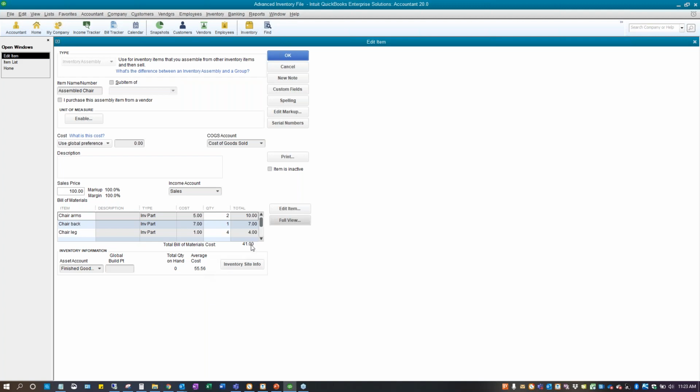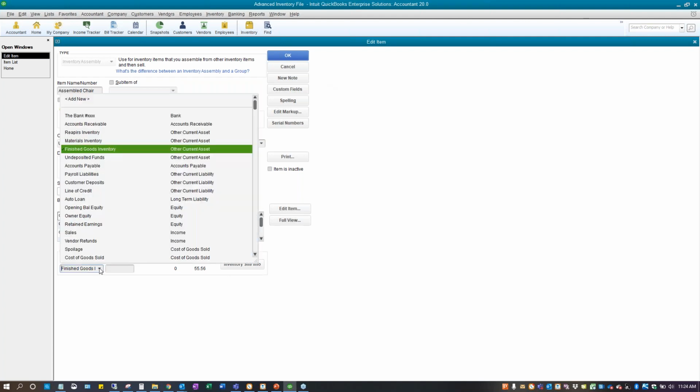This was my soft planning cost of 41, but as time went on, some of my components have increased in cost. So now my average cost to build this chair is 55 bucks. So I have to be careful because now I'm less than a 50% margin. You just want to make sure you're paying attention to those things.